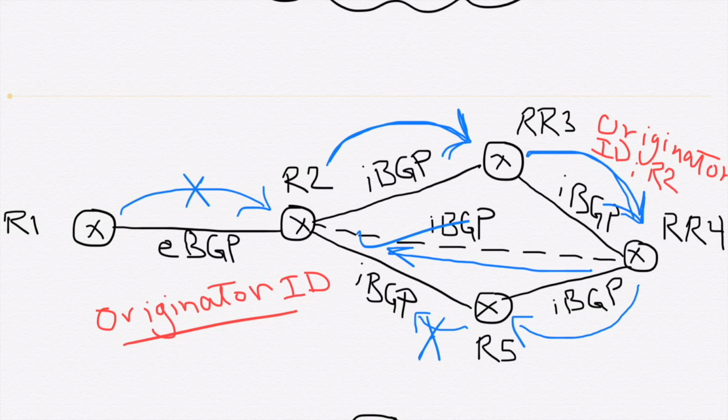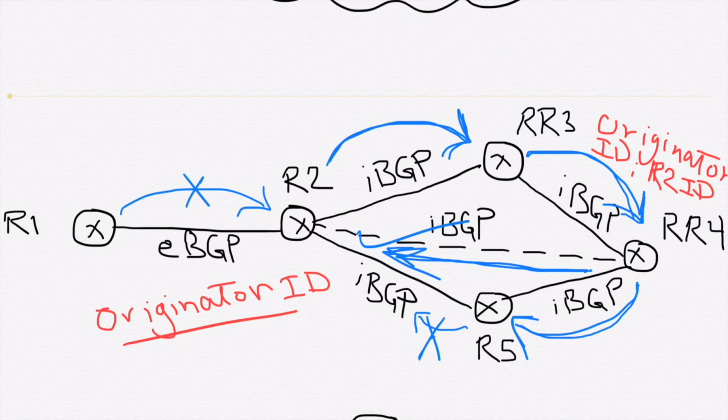The originator ID here would be the router ID of R2. Therefore, the originator ID attribute will be added by the first route reflector, which is RR3, to any other iBGP peer. RR3 has an iBGP peer with RR4 and it can send the iBGP update normally to RR4.